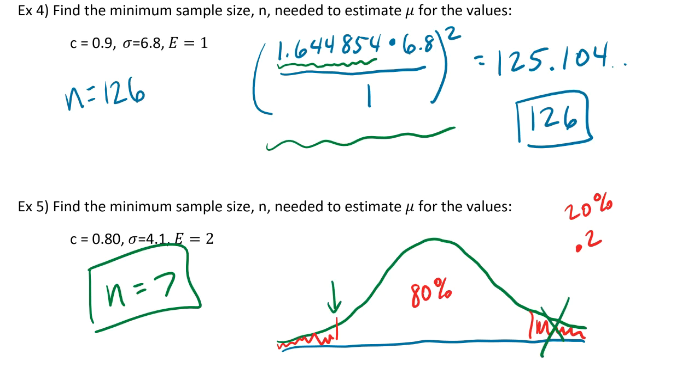So if we just need that one over there, then we're dividing that by 2, and that's where we're getting that 0.1 or the 0.05 in the first problem from. All right, so just a quick little reminder about that, just so you haven't forgot how to find that z-score.